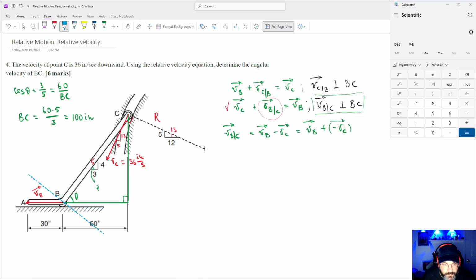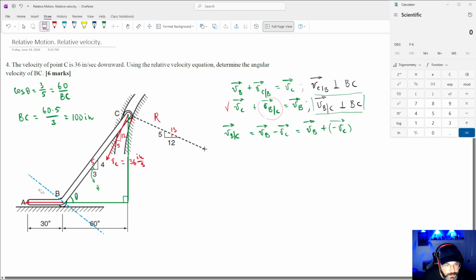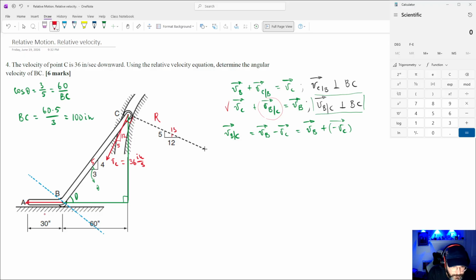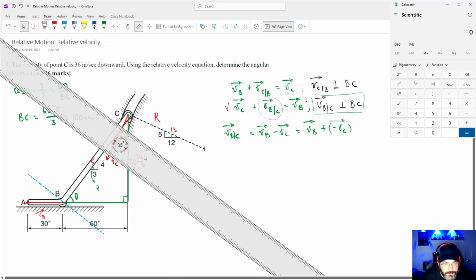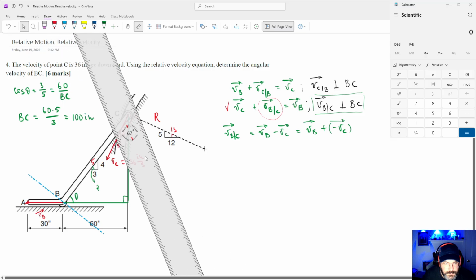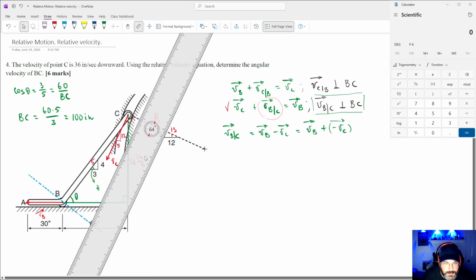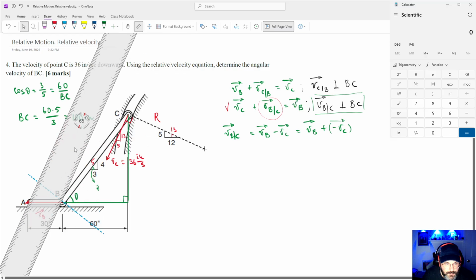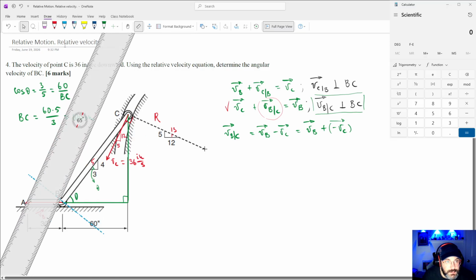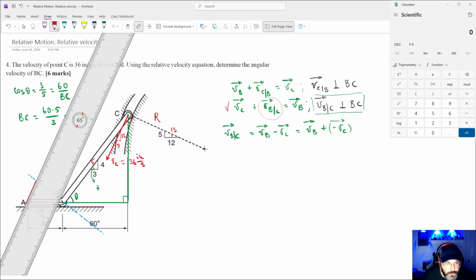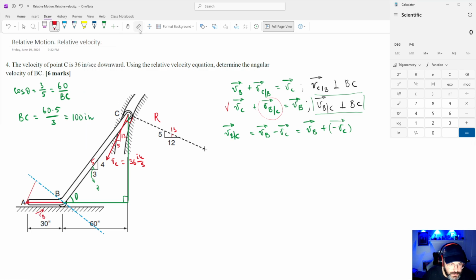Okay, so then we have minus VC. Let's move this notation down. So this is our VB. Okay, and VC, we'll grab it, and it's going to be minus VC, so it's pointing in the opposite direction, right? So this here is minus VC.